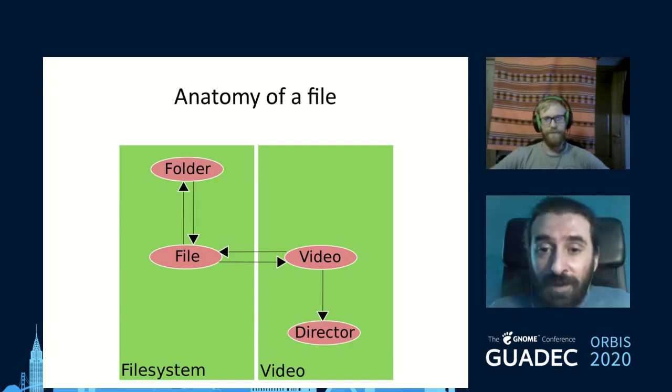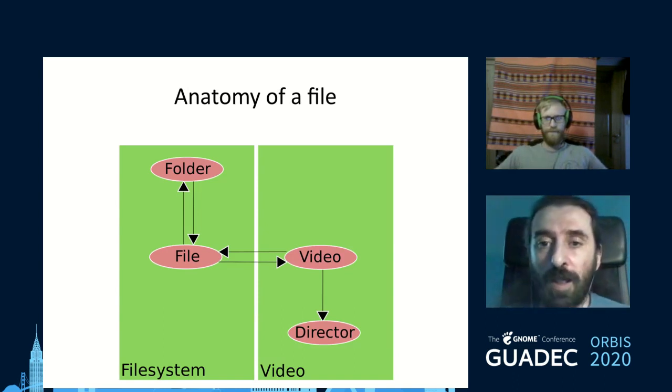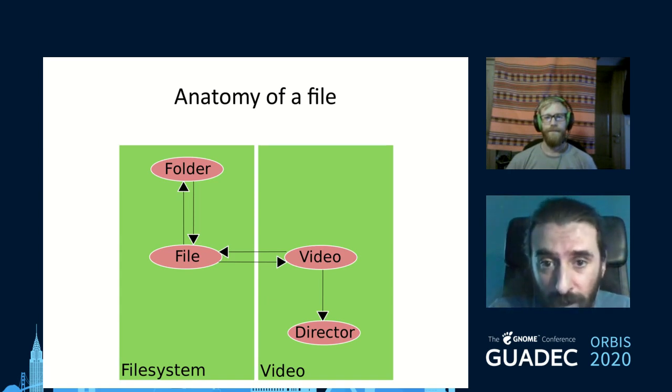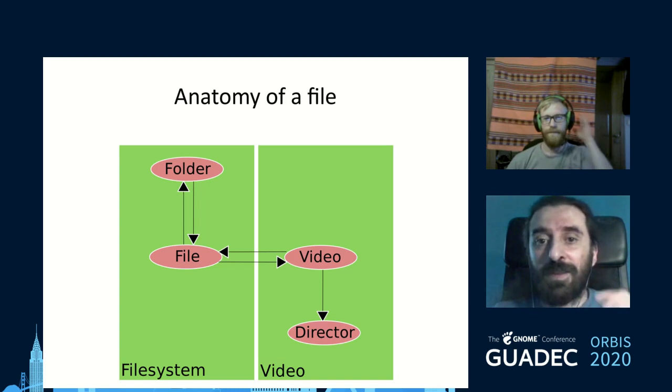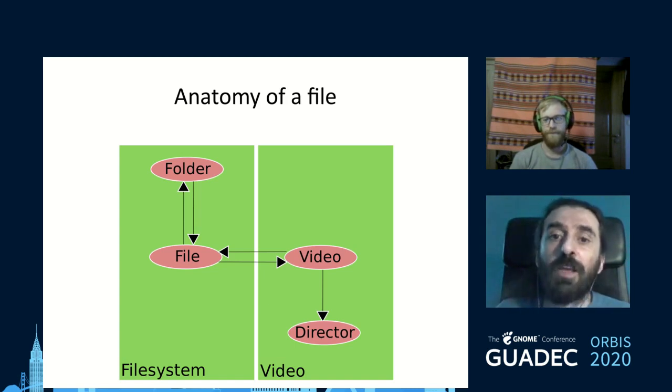So here is, for example, the anatomy of a file. Maybe you know a bit about RDF and how it's described. It consists of triples of subject, predicate, and object. The subject and object would be like the nodes in the graph, and the predicate would be an edge, which would be a directed one.